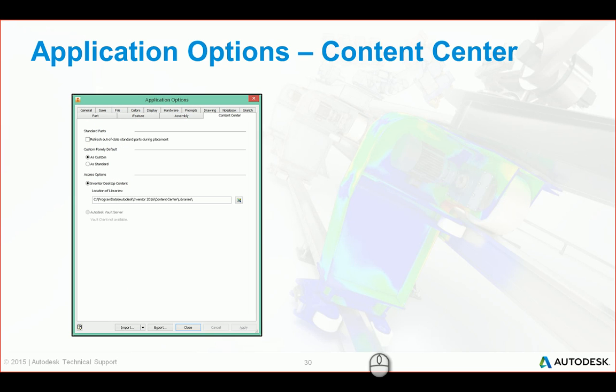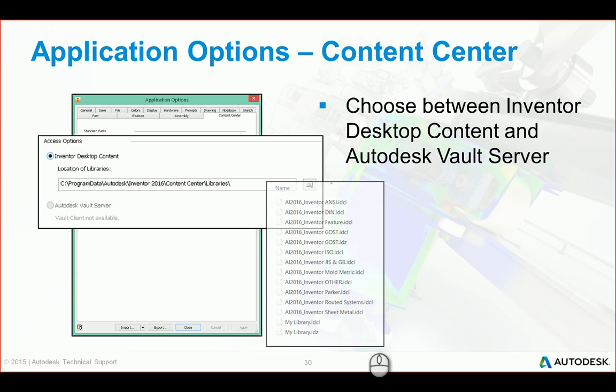Okay, Content Center. So this is where you're going to tell it that you're either going to use desktop content, which are IDCL files, or you're going to use vaulted content off of Vault server. So we're recommending, for purposes of keeping everything running smoothly in the long run, desktop content.